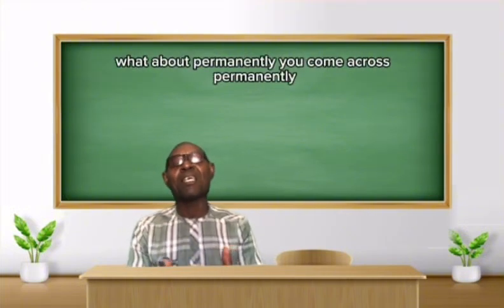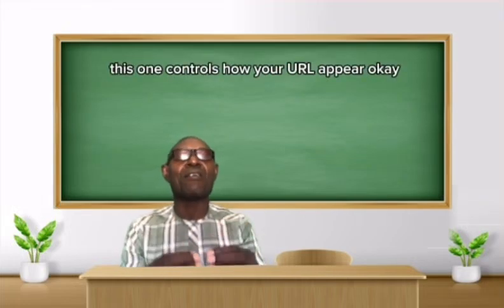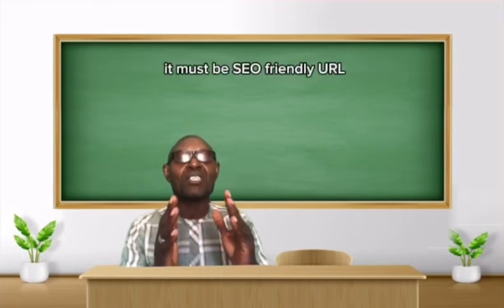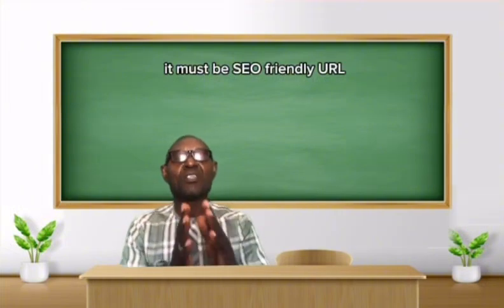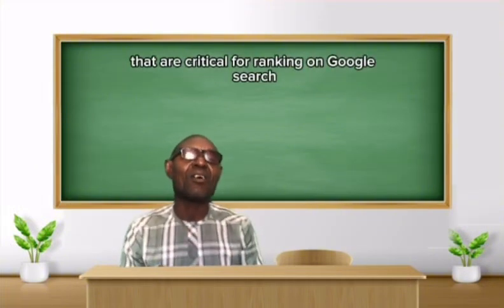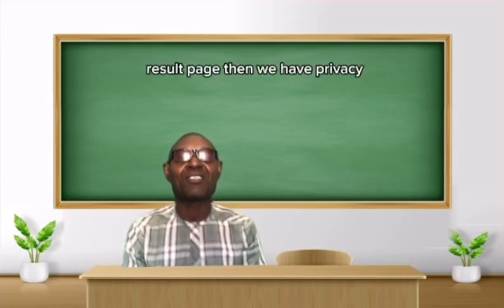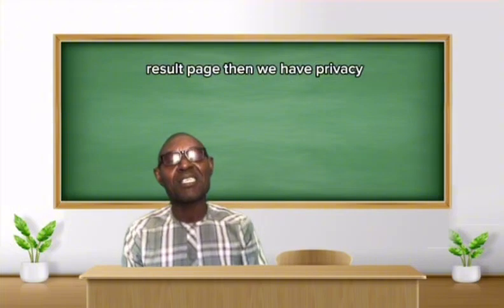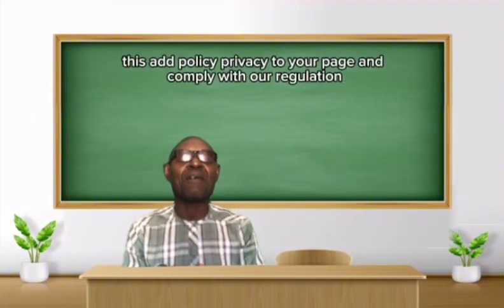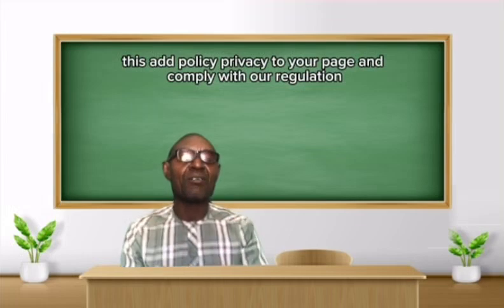What about Permalinks? This one controls how your URL appears. It must be an SEO-friendly URL, which is critical for ranking on the Google search results page. Then we have Privacy. This adds a privacy policy to your page and helps you comply with regulations.